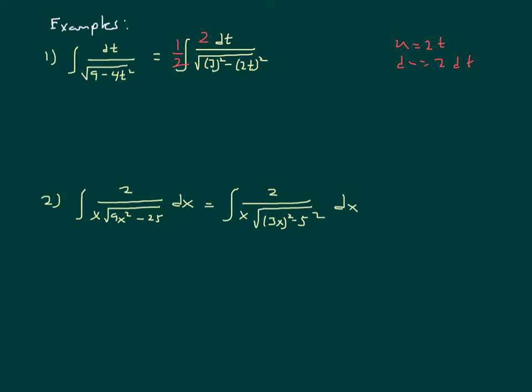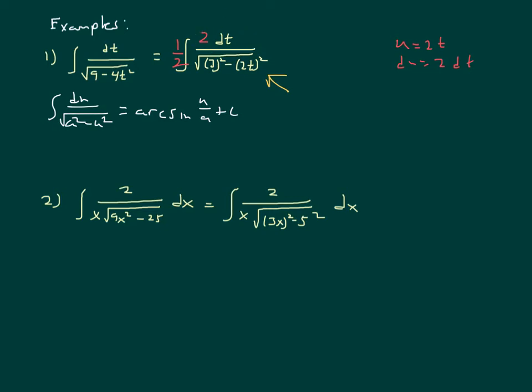Recalling that the integral of du over the square root of a squared minus u squared is equal to the arcsine of u over a plus c, this function is now in that form, where u is 2t, a is 3, and this up here is du.